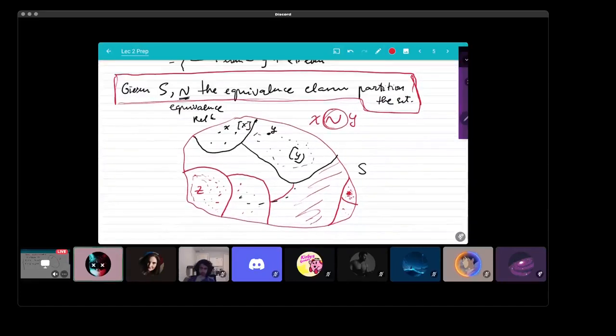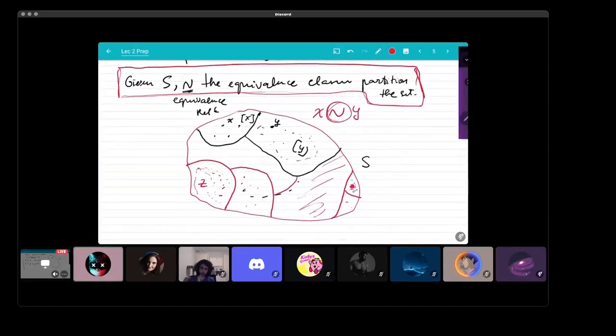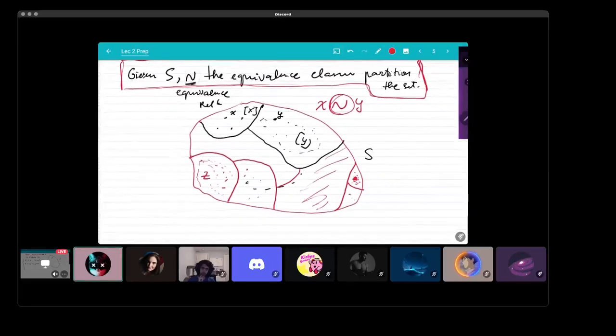And so the definition of this equivalence relation gives rise to a partition of the whole set.